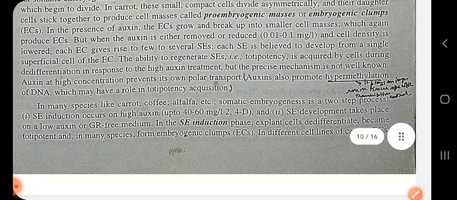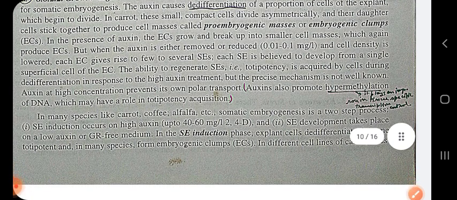Then it is saying that in many species like carrot, coffee, alfalfa, somatic embryogenesis is a two-step process. In these plants, somatic embryogenesis is a very simple process. Somatic embryo induction occurs on high auxin, where 40 to 60 milligram per liter of 2,4-dichlorophenoxyacetic acid is used.